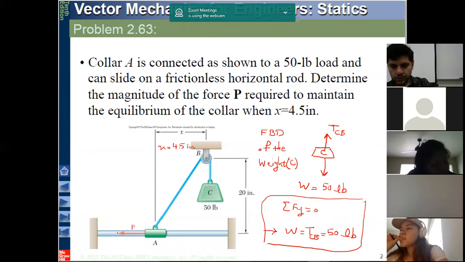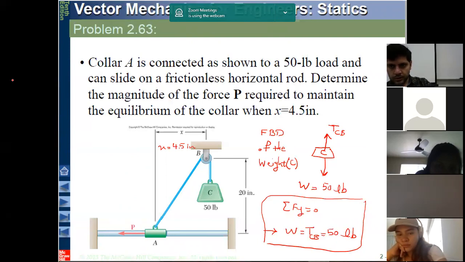So we have one horizontal force P and one force on the top, oblique force, which is the tension force, and we also have another force. Can anybody tell me what's the other force acting on point A?